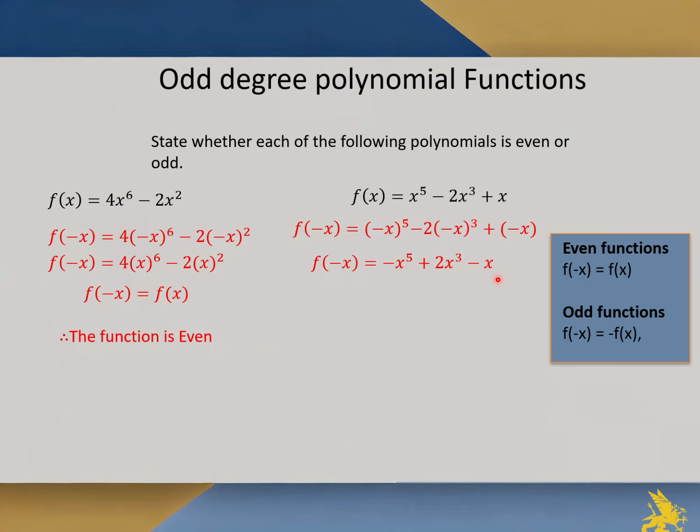So I can grab the negative and take it onto the outside because a negative and a negative is a positive. And if I put a negative here, it turns back to being a positive. So I can do that, and it means that it is an odd function. So it's a very clear way of seeing that.